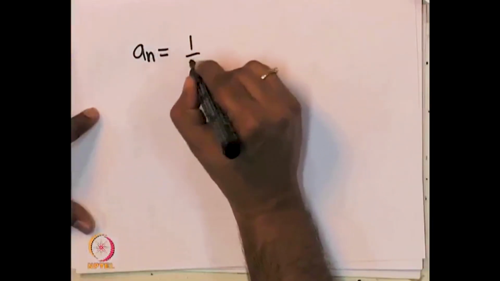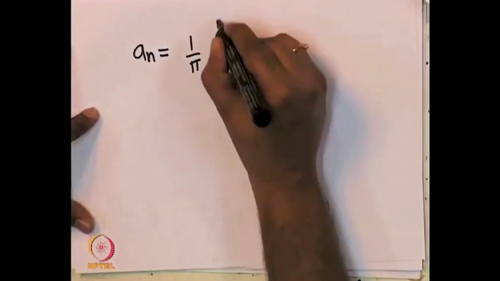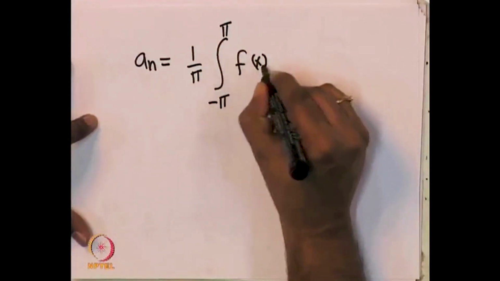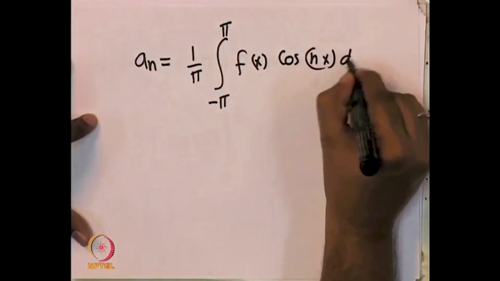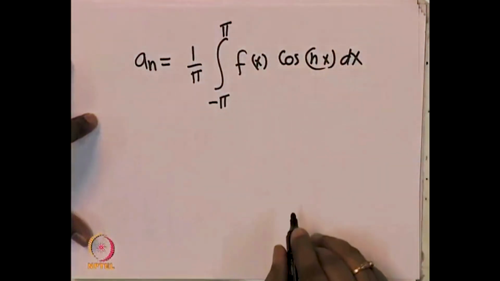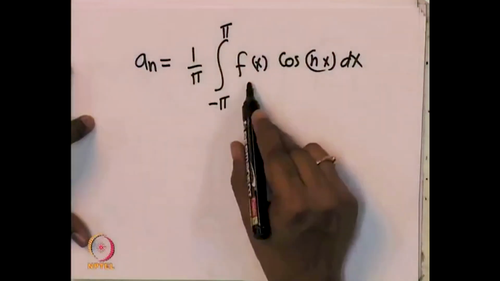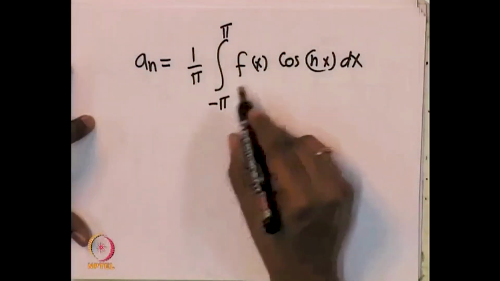A n is 1 over pi integral minus pi to plus pi f of x cos n x dx. Now, we know that f of x is 0 between minus pi and 0.